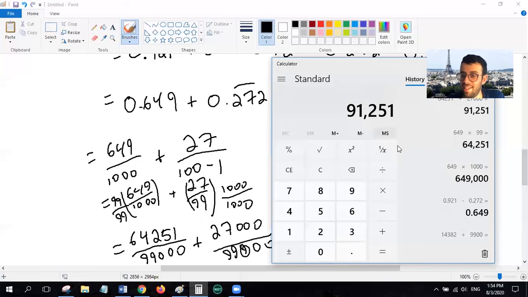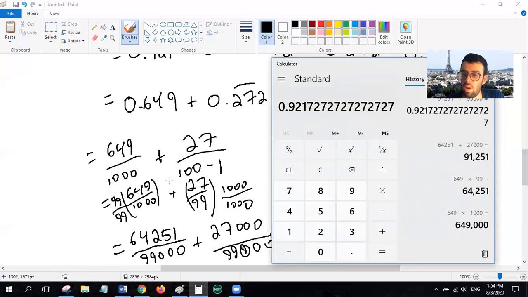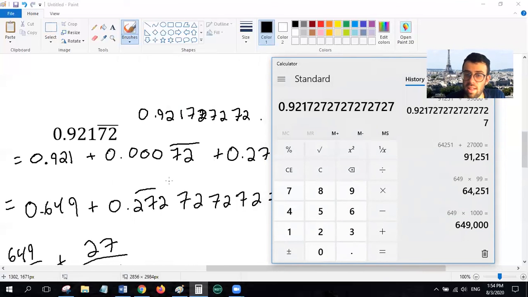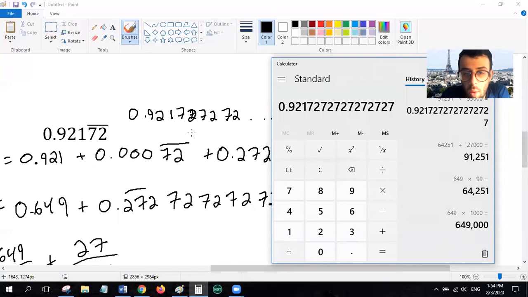I hope this is right. If it's wrong, I'm going to be sad. Ooh, I think that looks right. Yes, 0.9217272727272. It works.